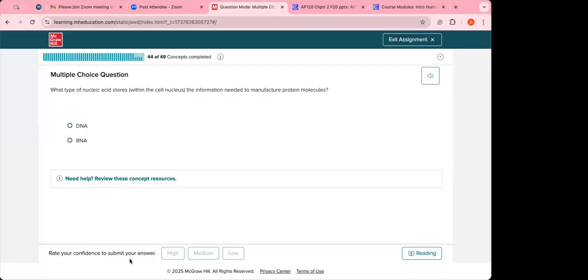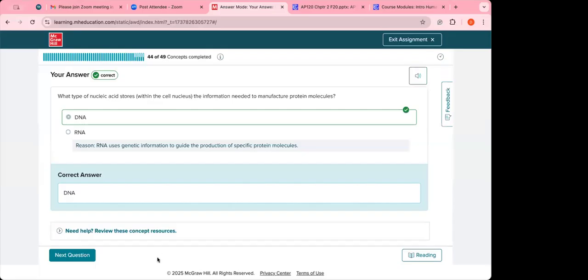I would say that's DNA because they're within the nucleus of the cell. I don't know what else we would call it. RNA uses genetic information, because you need DNA first before you can produce RNA, okay?